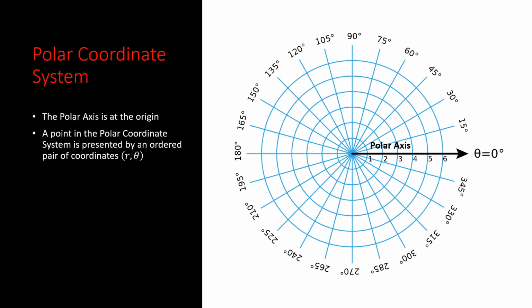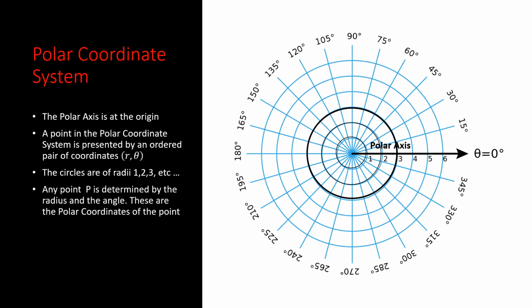Any point in the polar coordinate system is represented by a radius and a certain angle. The circles that we're seeing have radii of 1, 2, 3, etc. And any point depends on the radius and the angle.